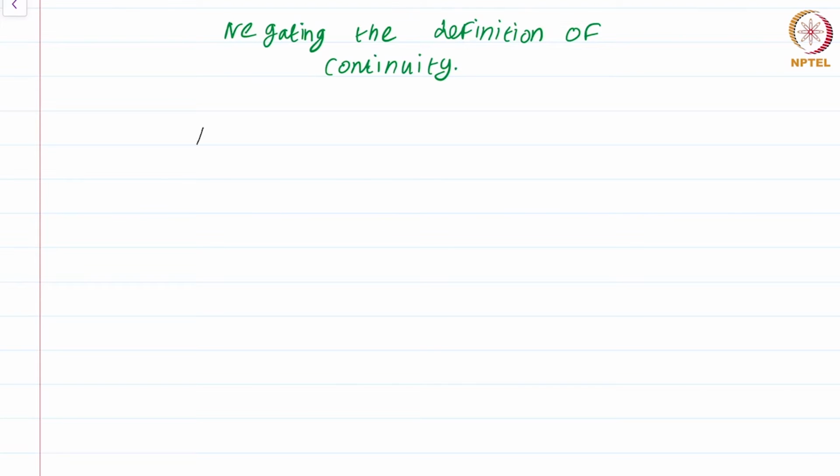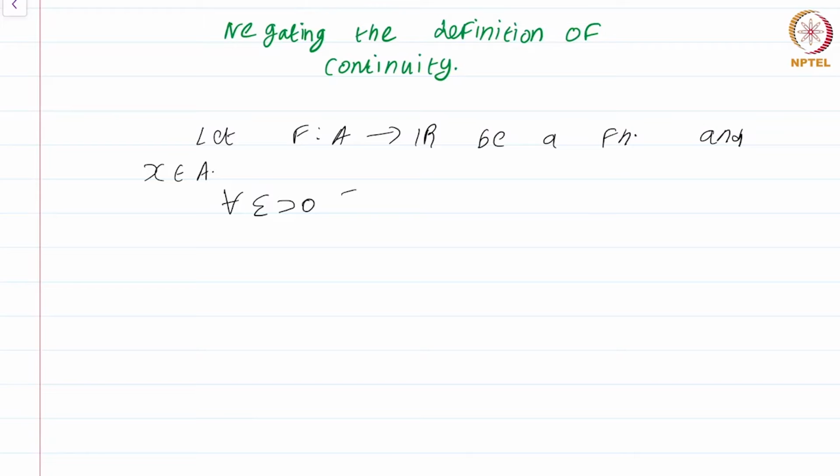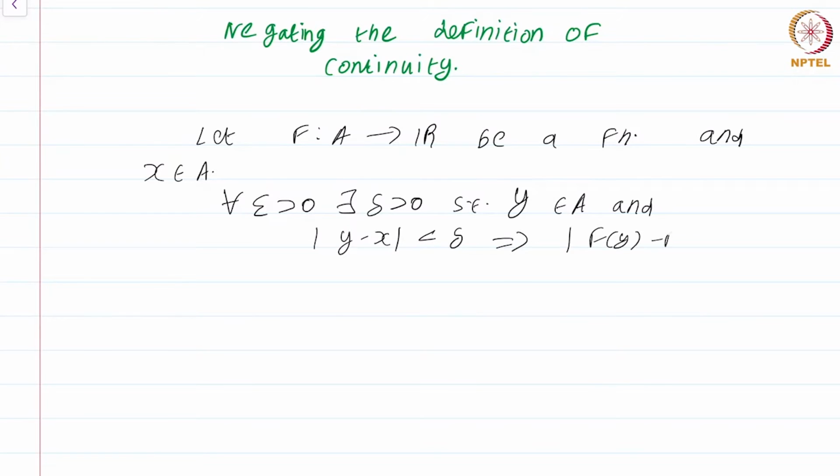So again, the setup is: let f from A to R be a function and x is an element of A. Now we say f is continuous at x if for each epsilon greater than 0 there exists delta greater than 0 such that if y is in A and mod y minus x less than delta implies mod f(y) minus f(x) less than epsilon.